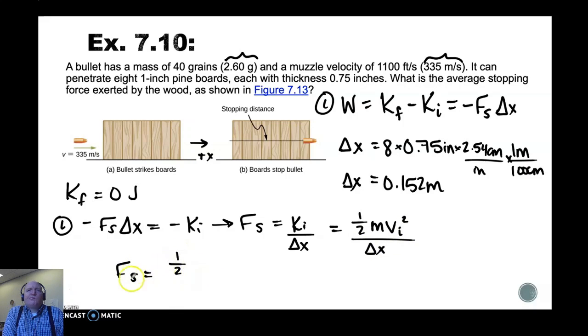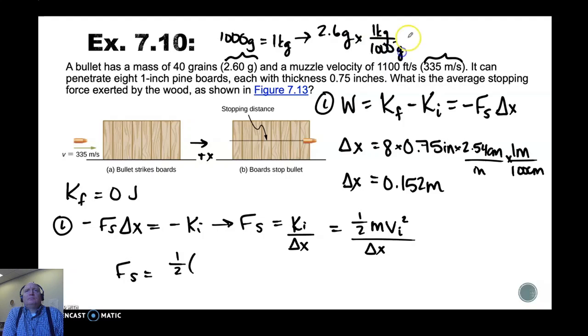So we have f sub s equals 1/2 times our mass, which is 2.6 grams. We want that to be in kilograms, so there are 1,000 grams in 1 kilogram. So for this guy, we'll say that we have 2.6 grams times 1 kilogram over 1,000 grams.